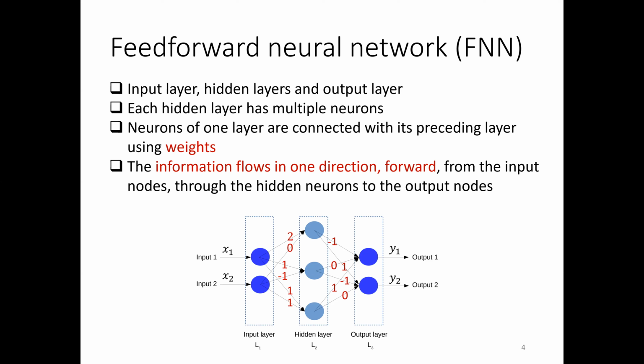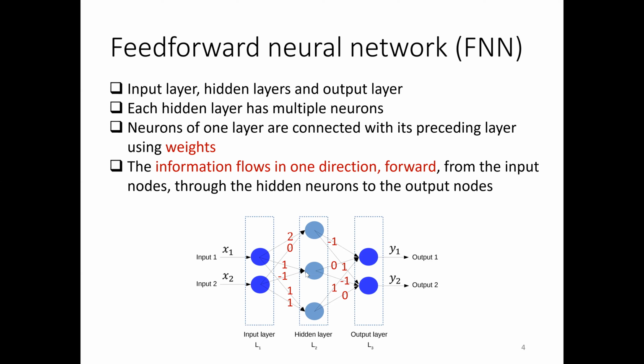And I haven't talked about the activation function yet. Okay, so that's the input value to this neuron, and then the output is the value after you apply an activation function on that input. So the input to the first neuron equals 2x1 plus 0x2.